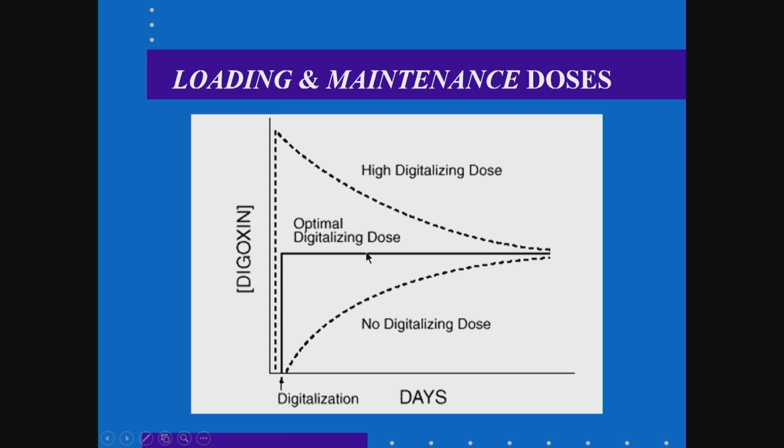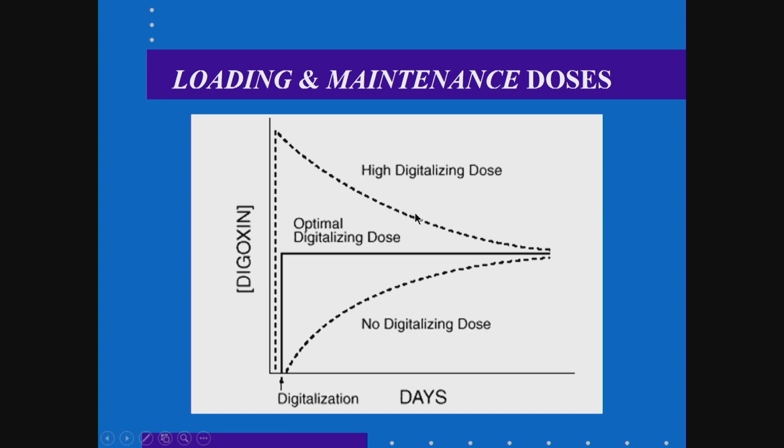Actually, the maintenance dose here is the same as the maintenance dose here. Now let's say that you gave a higher loading dose, twice the loading dose you gave before, but then administer the same maintenance dose that was used here and here.